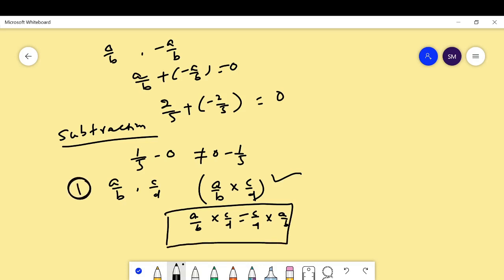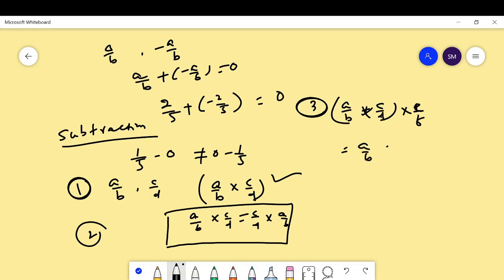First, closure property. Second, commutative property. Third, associative property. Suppose a by b, c by d and e by f are rational numbers, this shows that a by b into c by d into e by f are equal.